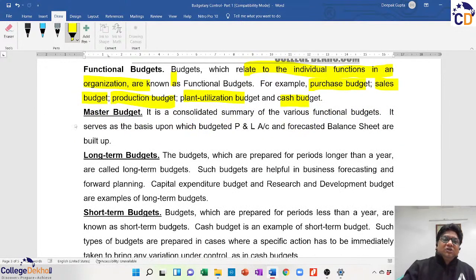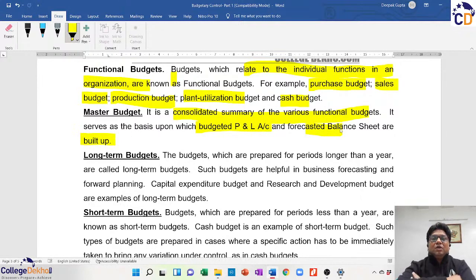But oppositely, the master budget is a consolidated summary of the various functional budgets. It is basically the total functional budgets joined together. And based on this summary of functional budgets together, commonly known as the master budget, we plan our budgeted P&L and the forecasted balance sheet.